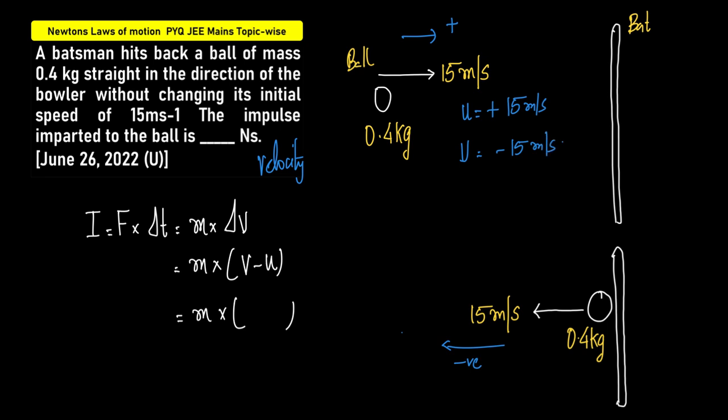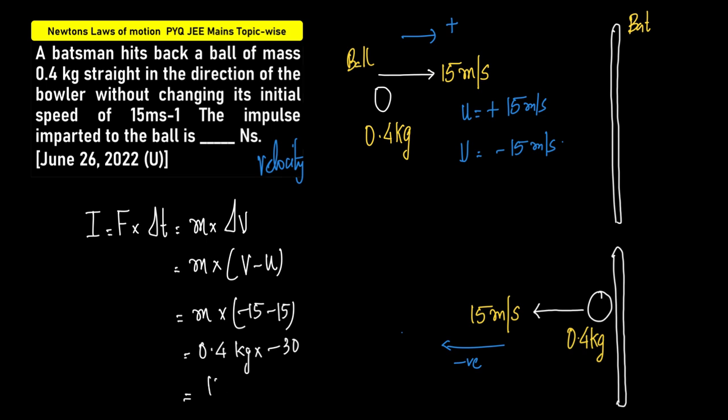Okay, so we can say that I is equal to m delta v. So v is minus 15, u is plus 15. Mass of the ball is 0.4 kilograms, so this is 0.4 kilogram into minus 30, which gives us, oh sorry, not 1.2, 0.4 times 30 is 12.